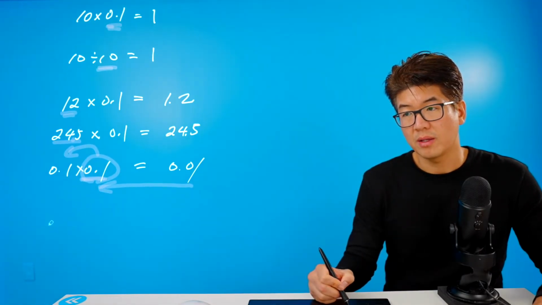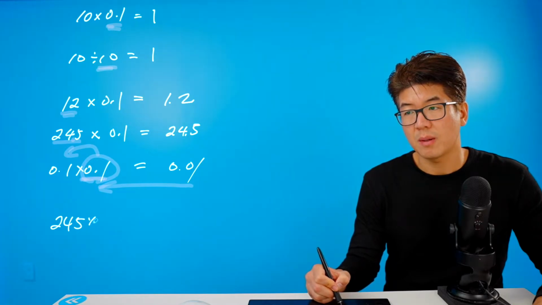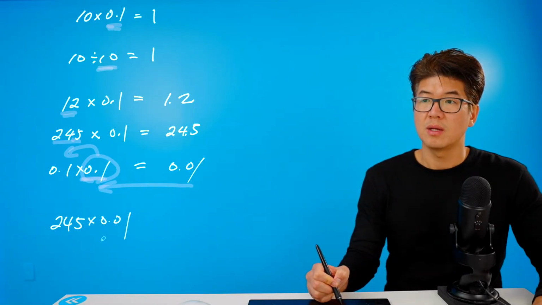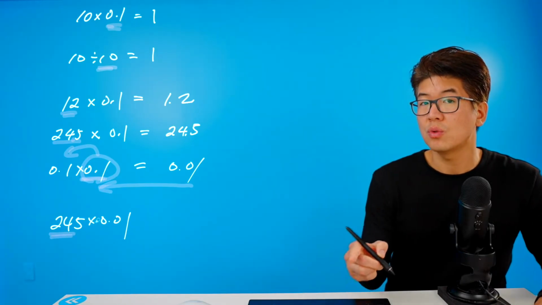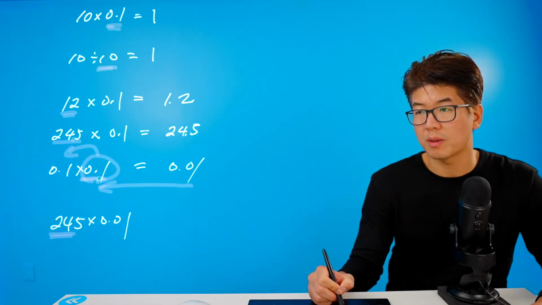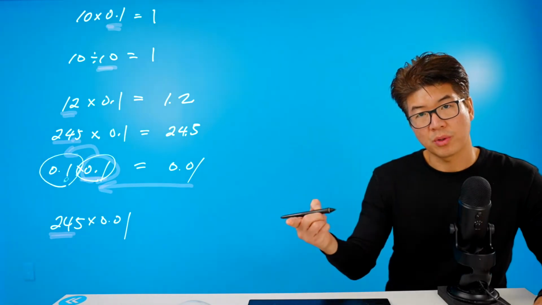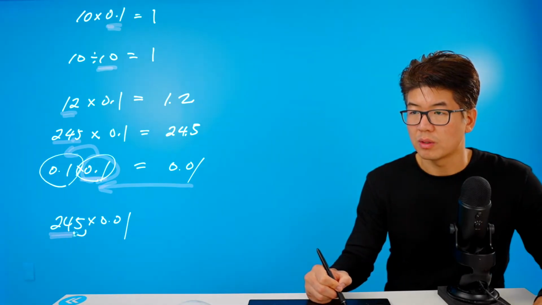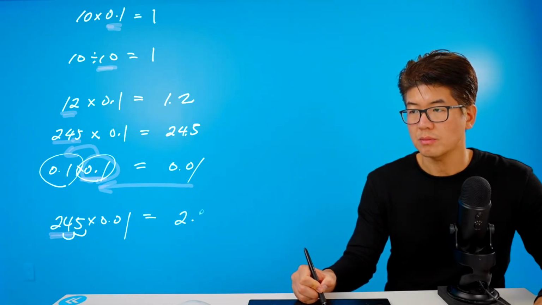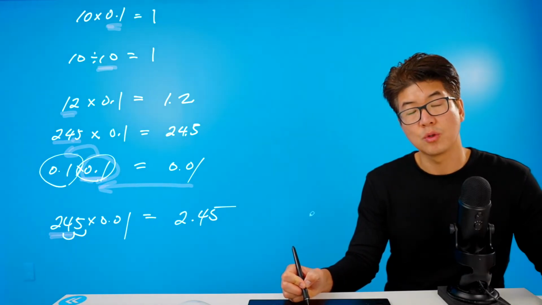So if I had 245 times 0.01, this means 245 needs to gain 2 decimal places, because it's the same thing as multiplying by this once and one more time. So gain 1, 2 decimal places. So 2.45.